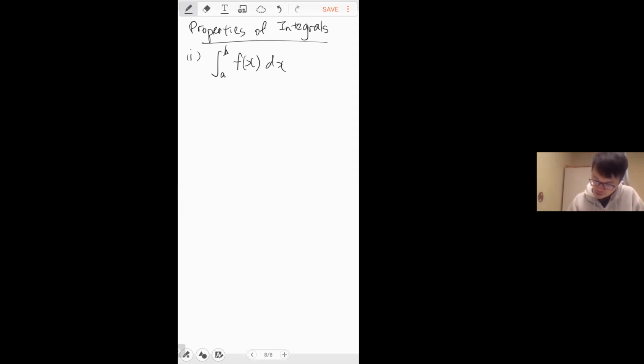What if your f of x is positive somewhere and then negative somewhere else? It turns out that this is actually the area above the x-axis minus the area below the x-axis.